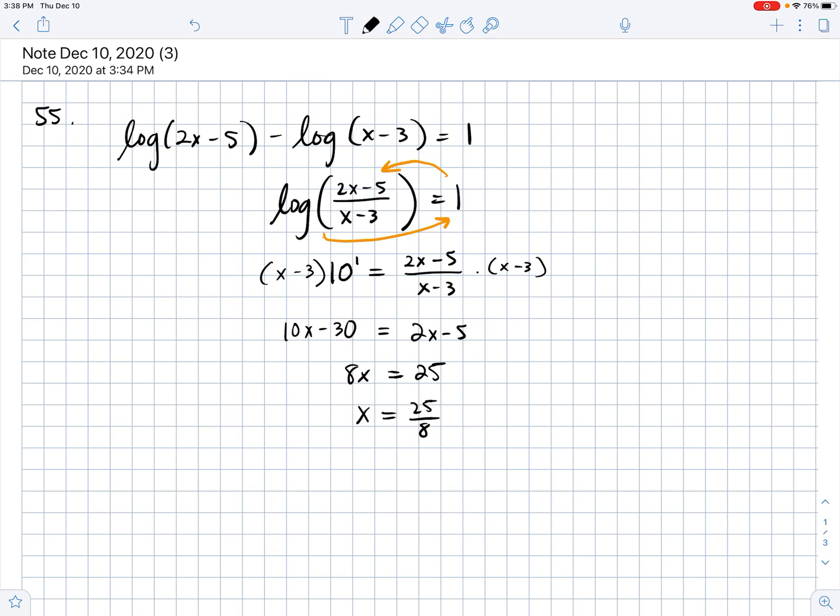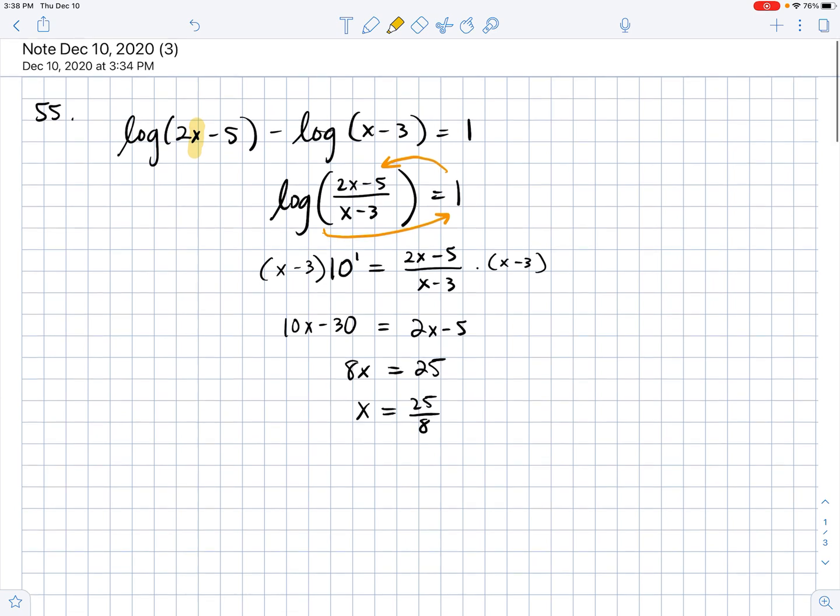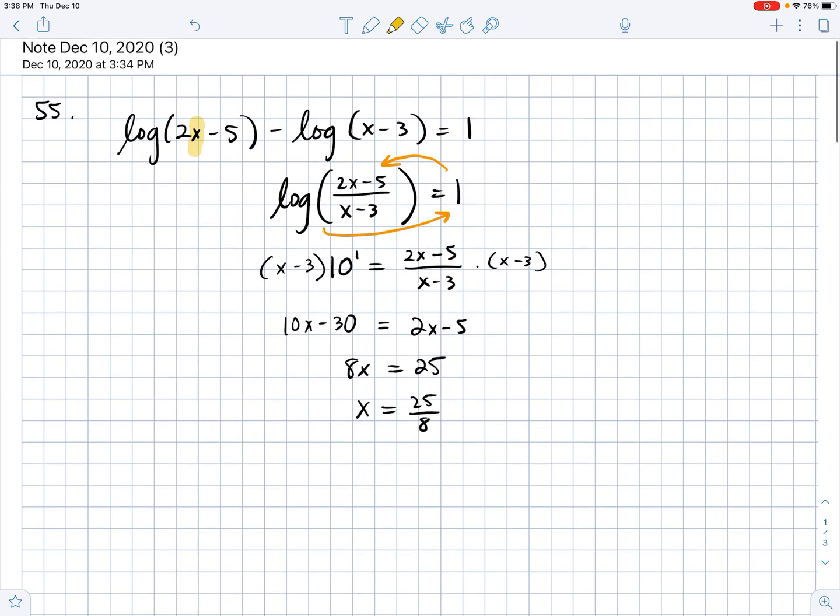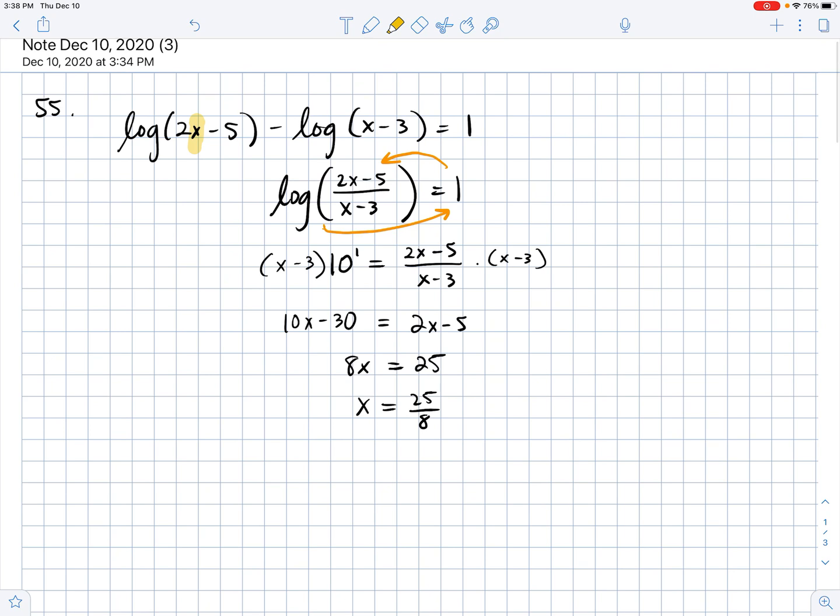So if we look at plugging 25/8, which would be 3 and an eighth, back into the original equation for x, well, 2 times 25/8 minus 5 would be positive, so that's okay.